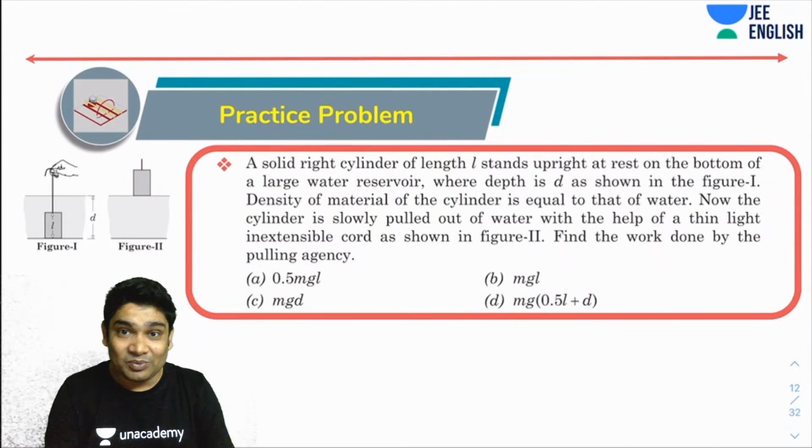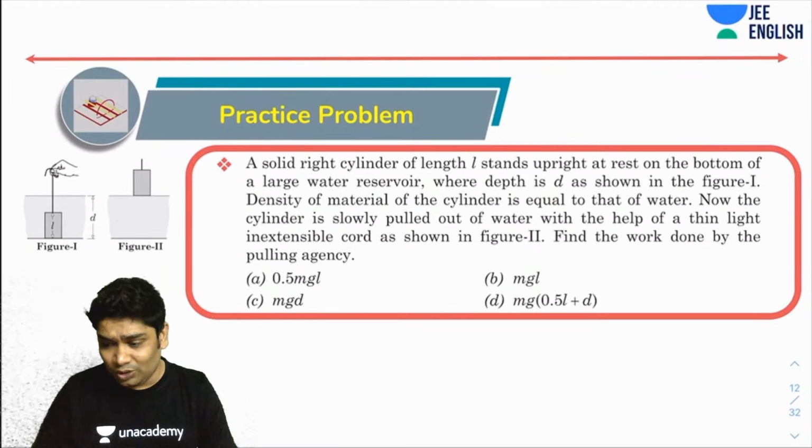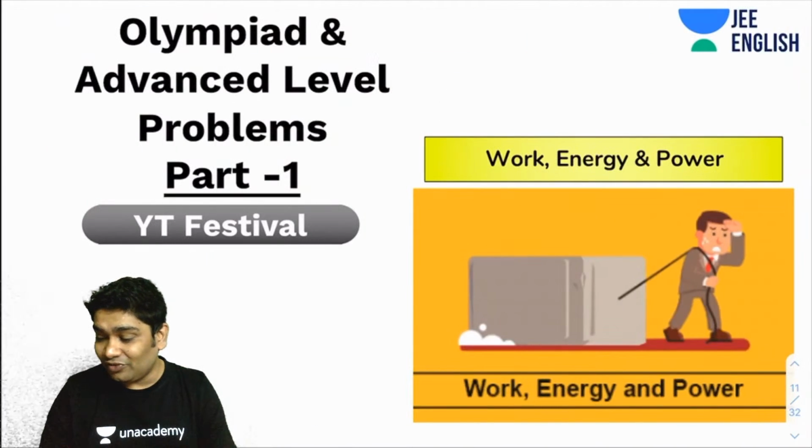So this is the first problem that I've taken up from the Pathfinder book. For those of you who don't know, this is the name of the book from which we are discussing the questions. The book is called Pathfinder for Olympiads, Olympiad and JEE Advanced Physics.